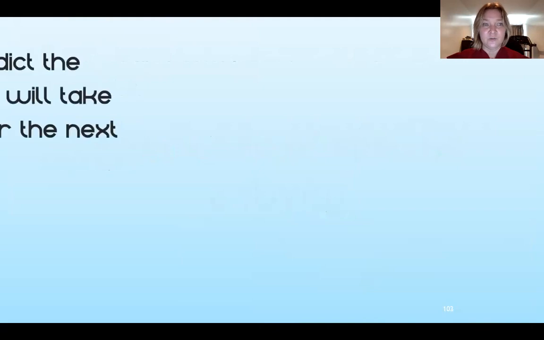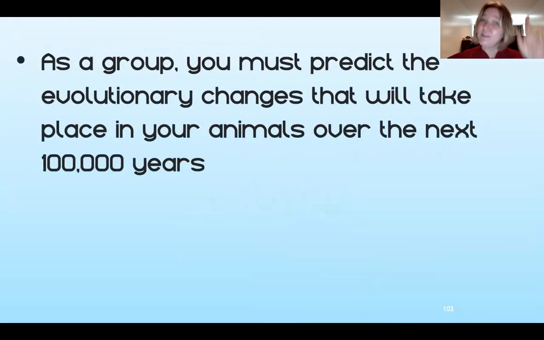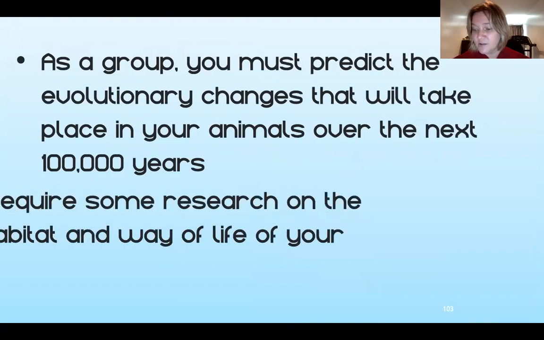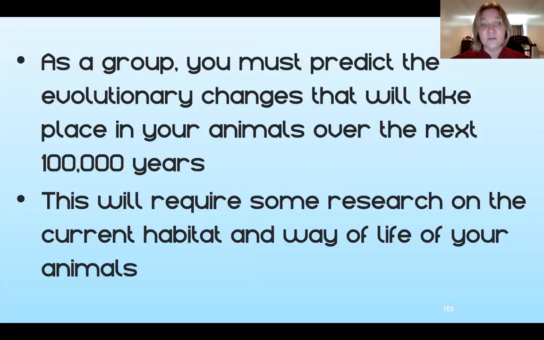What I want you to do, as an individual, is predict the evolutionary changes that will take place in your animal over the next 100,000 years. It's going to require a little research on the current habitat and way of life of your animal to determine what effect the environmental change will have on it.